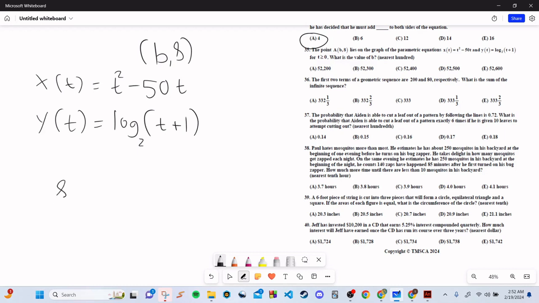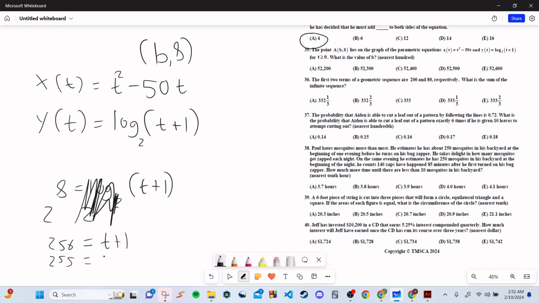Okay, so we have 8 equals log 2 of t plus 1. So we'll raise both sides to the power of 2. This goes away. We get 256 equals t plus 1. Therefore, 255 equals t. And then we're going to plug that into our x.